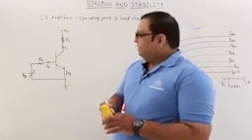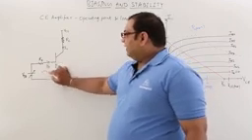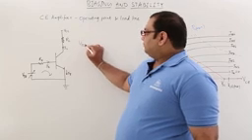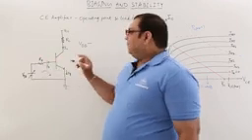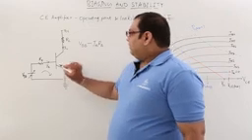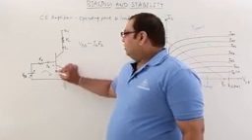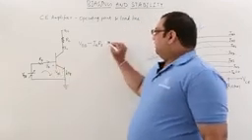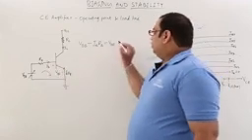When you take the input loop equation for the circuit using KVL, we have VBB minus IB into RB, where IB is the current in the base, minus VBE, the voltage across the base emitter junction, is equal to 0.